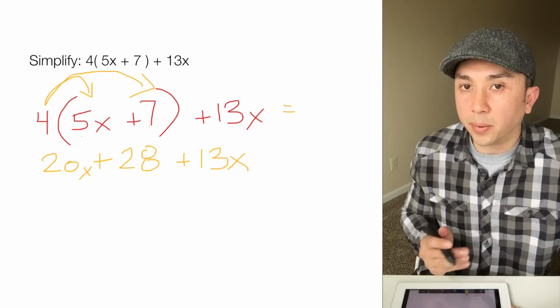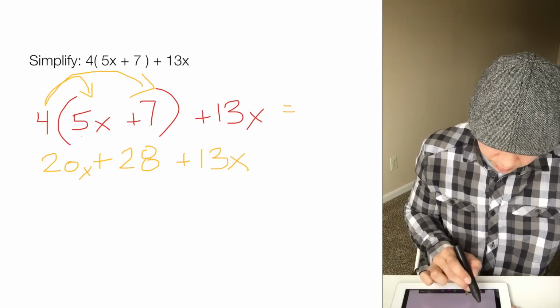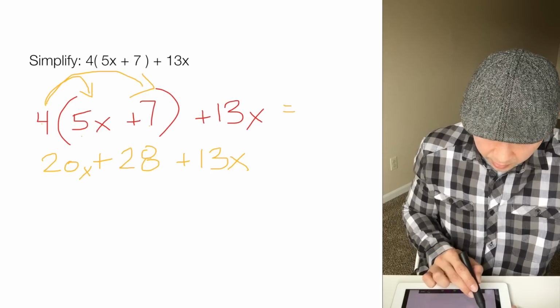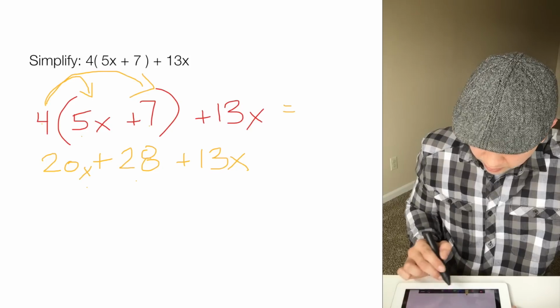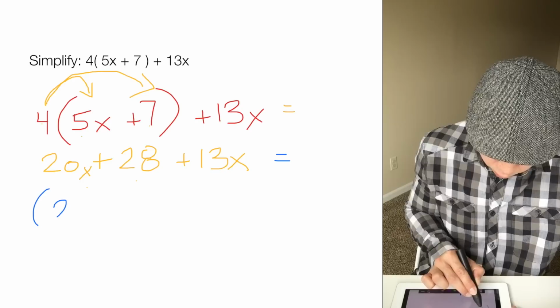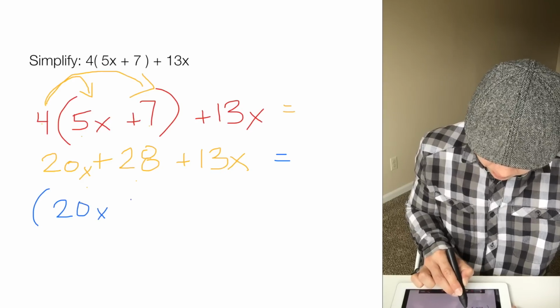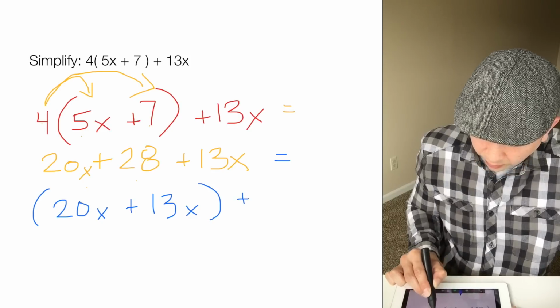So now we're going to combine like terms using the associative property. So we know we can add 20x plus 28 plus 13x, or we can add 20x plus 13x plus 28.